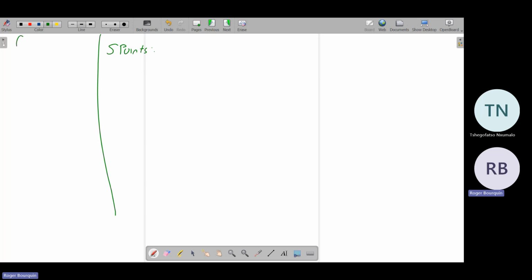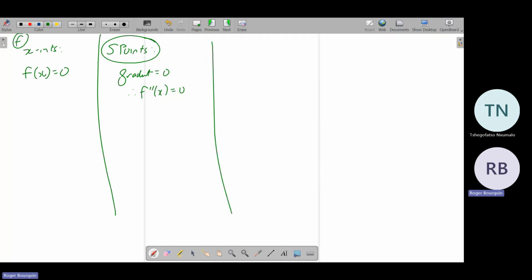If you've got some curve f, how do I find the x-intercepts? It's where f of x is equal to 0. You need to understand that language. If they're telling you f of x is 0, they're asking you to find the x-intercepts. If they ask you to find the stationary point, what's your starting point going to be? What happens at a stationary point? The gradient is 0. So you're going to solve f dash of x is equal to 0.